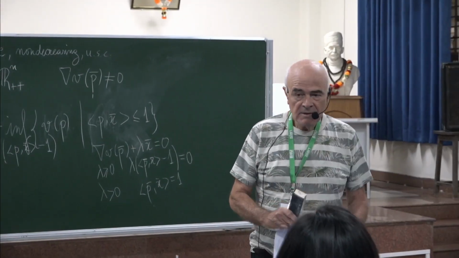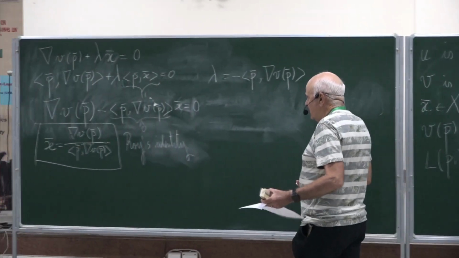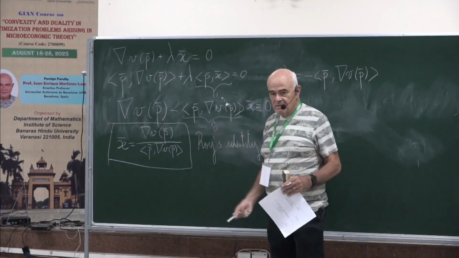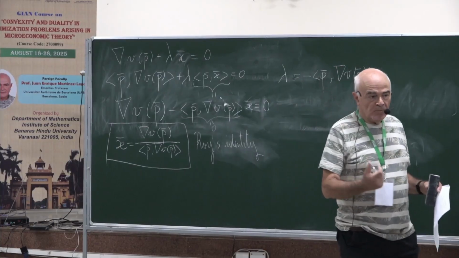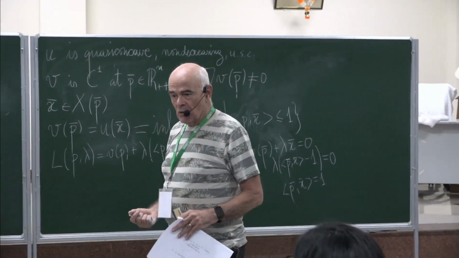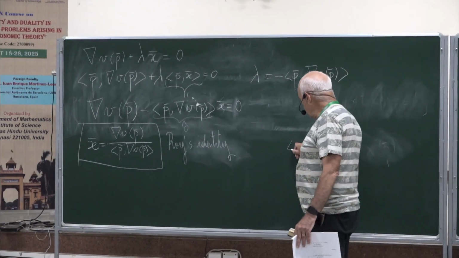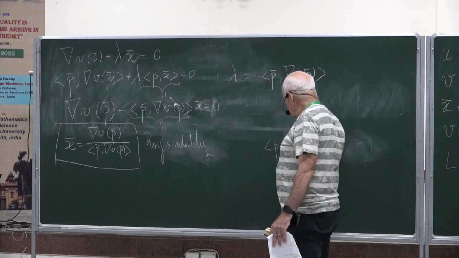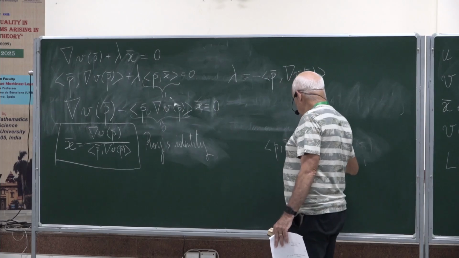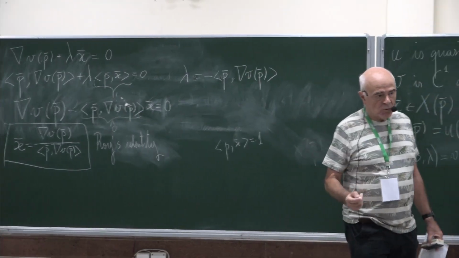the demand element is the normalized gradient of the indirect utility function at that point. By normalized, we mean that we need p times x bar equal to 1.